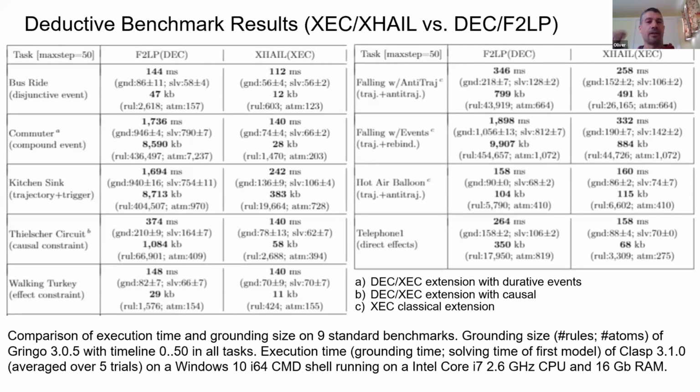This is used with the canonical axiomatization of the discrete event calculus in order to provide state-of-the-art deductive and potentially abductive reasoning services within event calculus. And although my version is more general, with these other policies, it actually outperforms on every benchmark the current state of the art in terms of both grounding size and solving time.